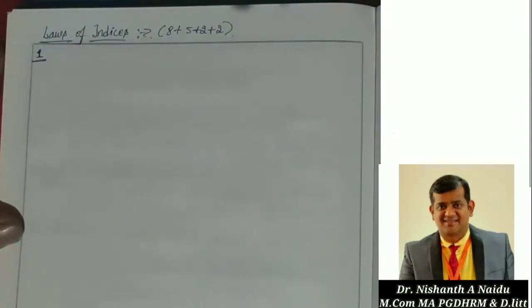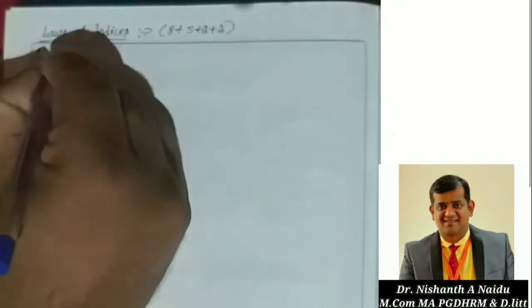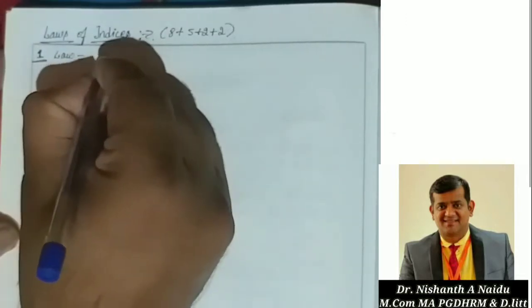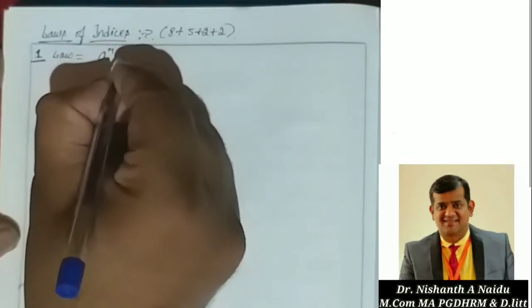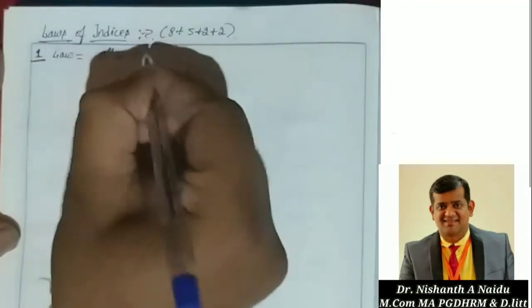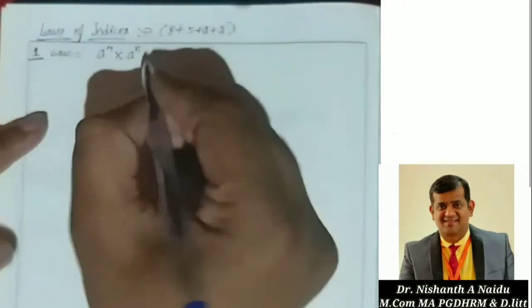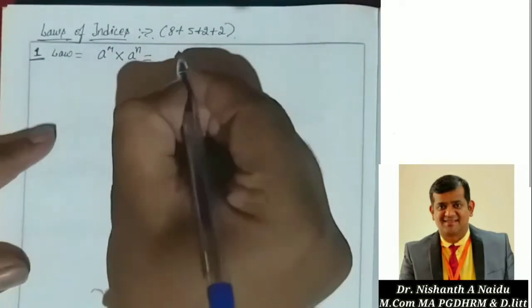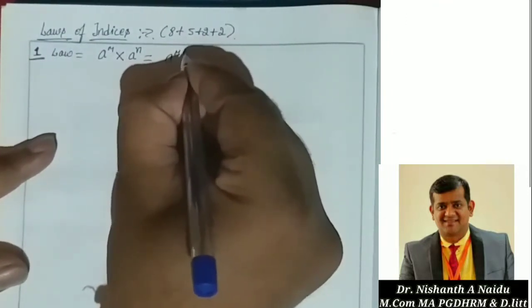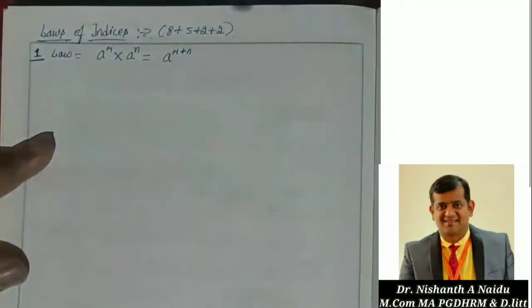The first law I am writing: a to the power of m into a to the power of n equals a to the power of m plus n.